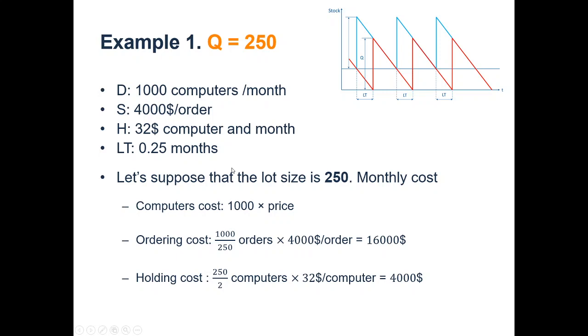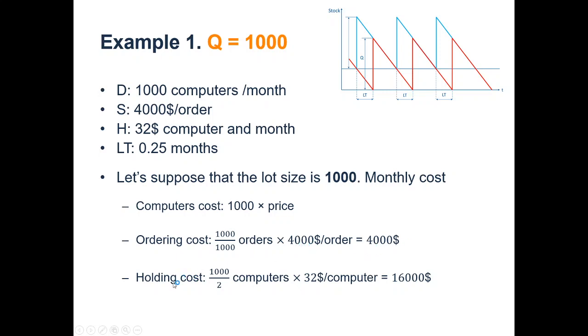So what if Q was 1,000? Again, the calculations are exactly the same but with different numbers. The computers' cost doesn't change because we have to buy all the computers we're going to sell over the month. The ordering cost changes, of course, because we're buying one single time per month, all the 1,000 computers I need, and that means having one order, and we pay a fixed cost of $4,000 for that order.